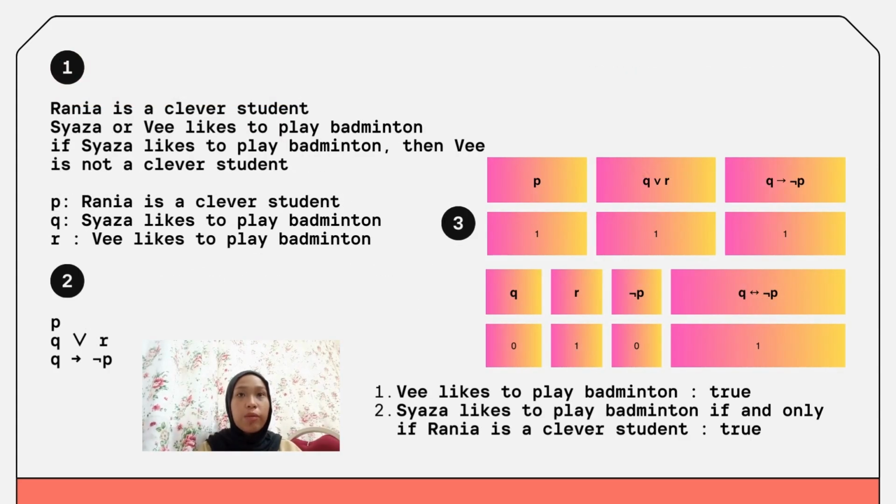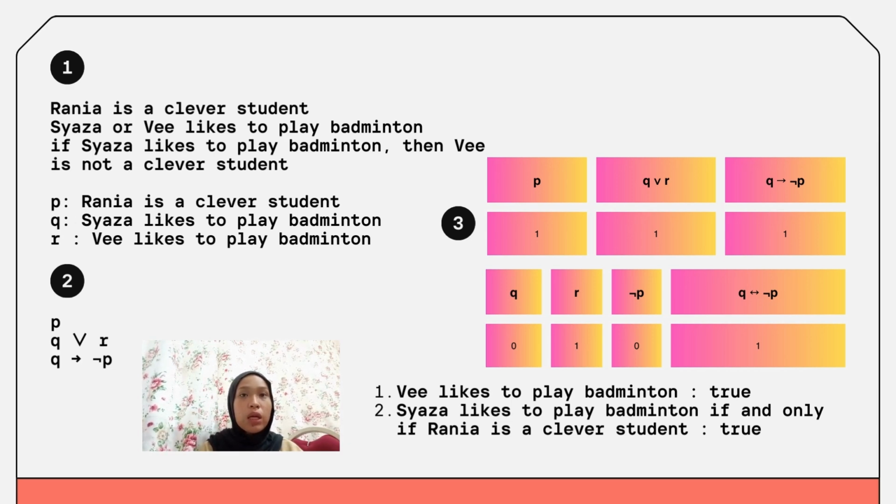Okay, for step 1: Rania is a clever student. Shaza or V likes to play badminton. If Shaza likes to play badminton, then V is not a clever student. Let P be the statement Rania is a clever student, Q be Shaza likes to play badminton, and R be V likes to play badminton.